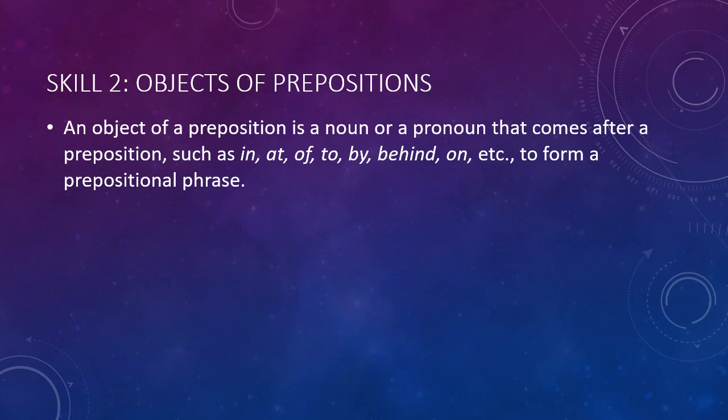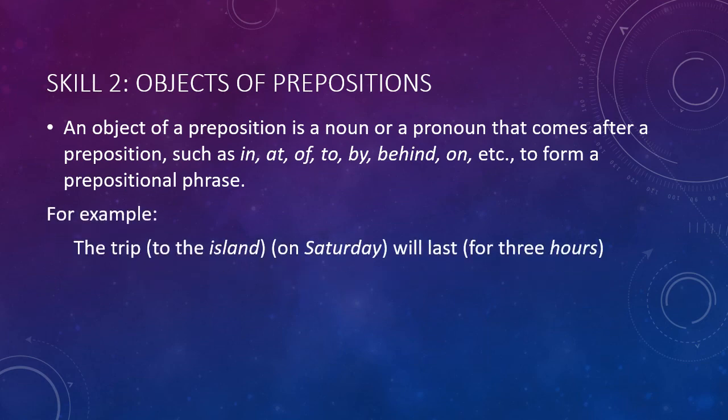And of course, because this is an object, it is a noun. Therefore, sometimes if the prepositional phrase is put at the beginning of a sentence, the noun is mistaken as the subject, and of course it is not. For example, the trip to the island on Saturday will last for 3 hours.